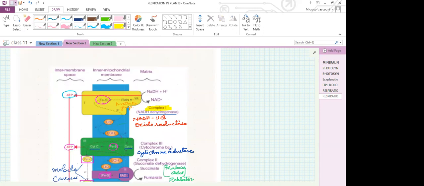So what is this complex 1 made of? Come on, answer. Can you see the complex 1? What is this complex 1 made of?